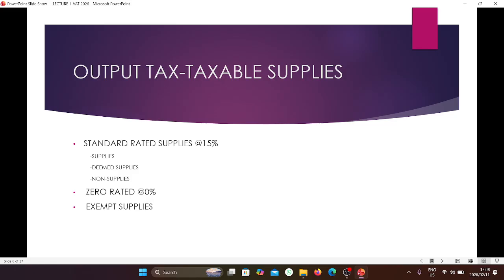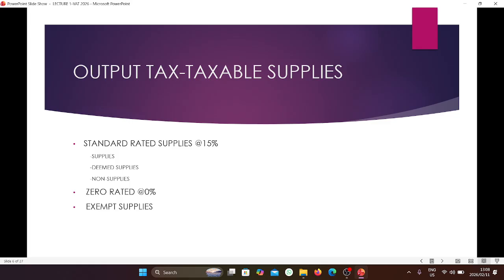So there's three types of supplies that you can be providing. There are standard rated supplies, and these standard rated supplies means that you're charging output VAT at 15%, or zero rated supplies, meaning that those zero rated supplies you are charging VAT at 0%. Even though it's a zero rated supply, there's still VAT on it at 0%. And then there's also exempt supplies.